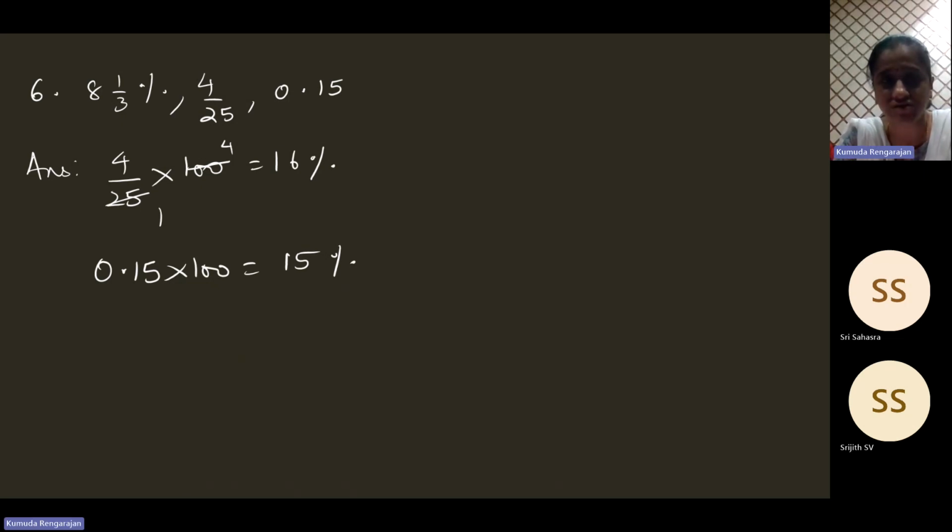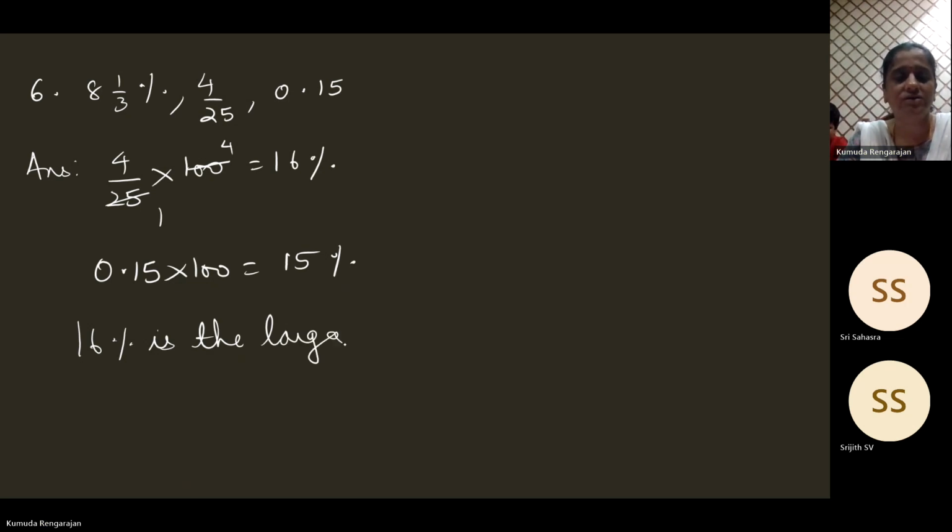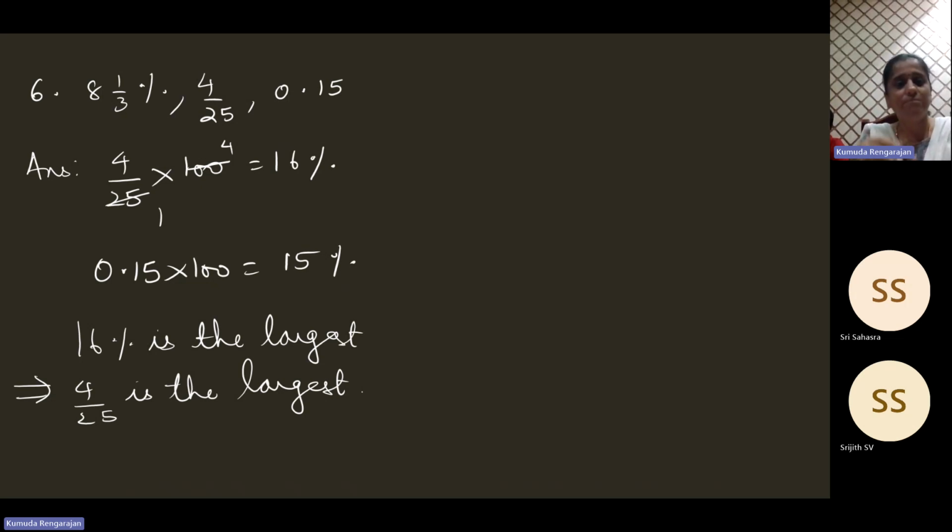So now we've got the relevant percentages. Now compare. Which is the largest? 16% is the largest, which implies 4 by 25 is the largest. 8 1/3 is already a percentage, and it is 8 and a little more than 8, between 8 and 9, so roughly more than 8% but less than 9.